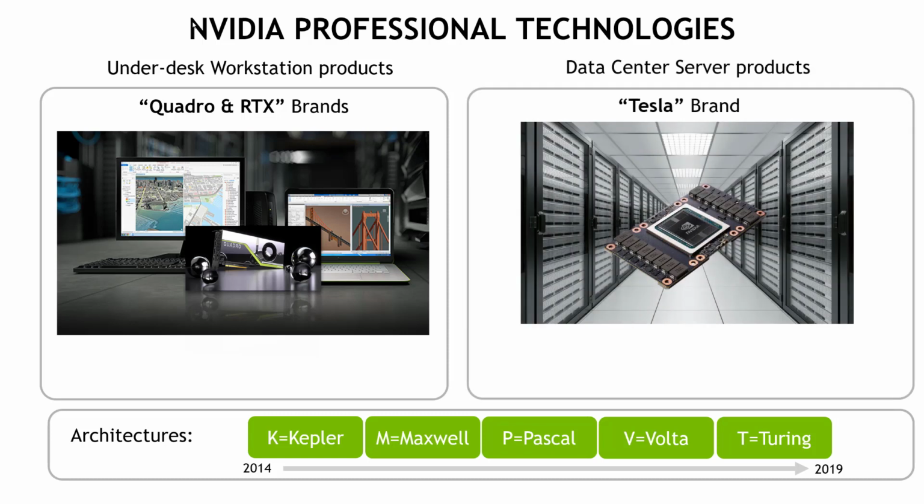In the data center, we have our Tesla brand. Now, the Tesla brand is slightly different. So these cards tend to be generally passive cards. So they rely on the cooling within the server chassis itself, which is why certification for each individual vendor is so important. We have blurred the lines a little bit with RTX, and I'll talk about that in a second.